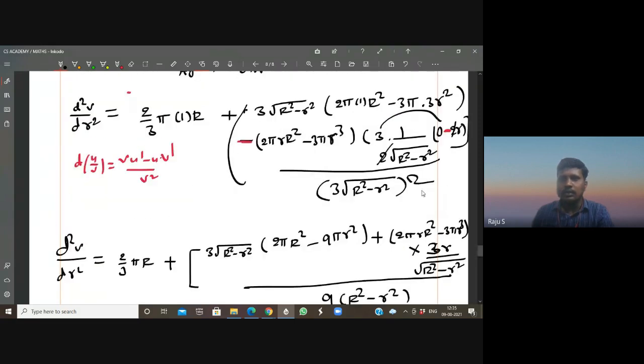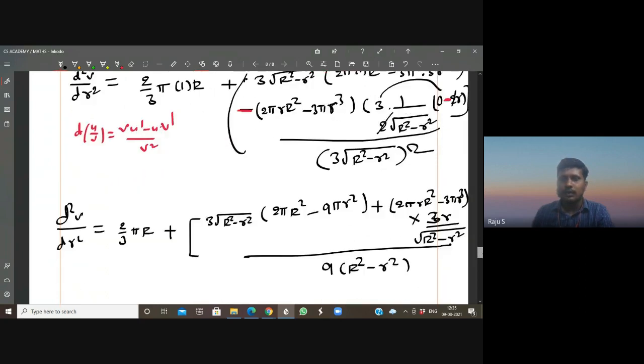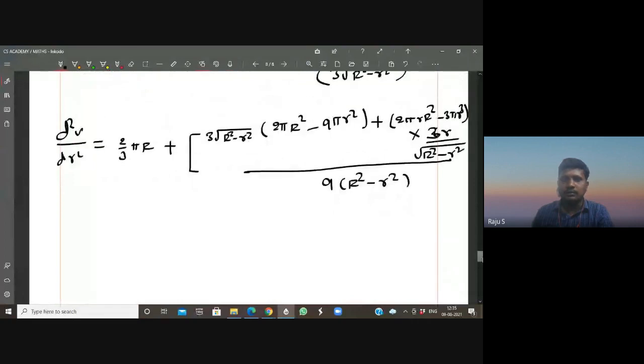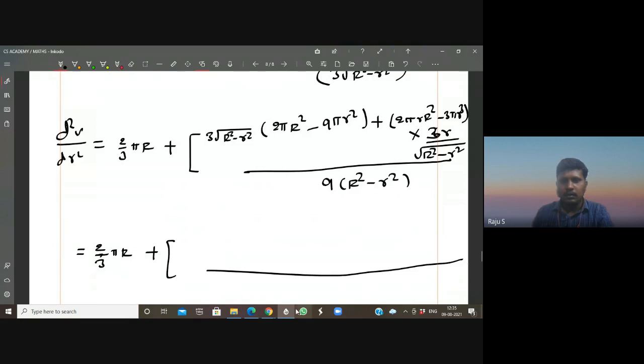Yeah, we'll do one thing, you can take LCM here. What is the LCM? Numerator root over capital R square minus small r square. When I take LCM here, 9 into capital R square minus small r square. The LCM in numerator is clearly root over capital R square minus small r square.